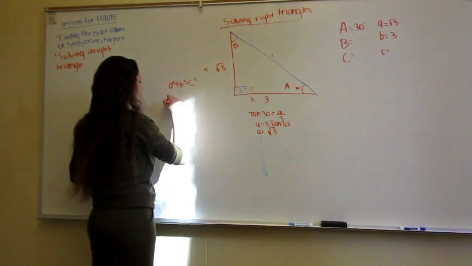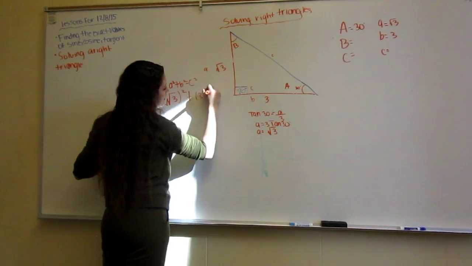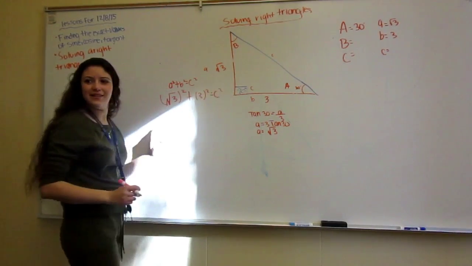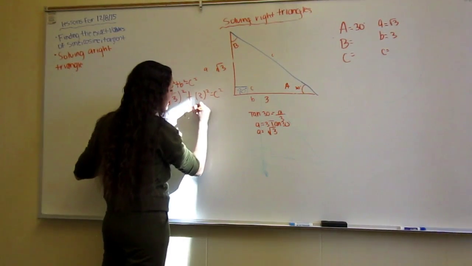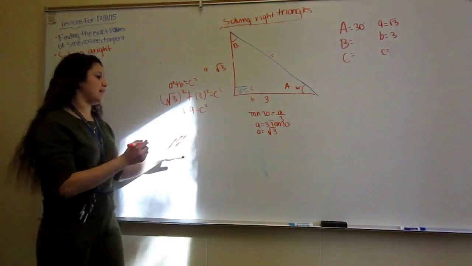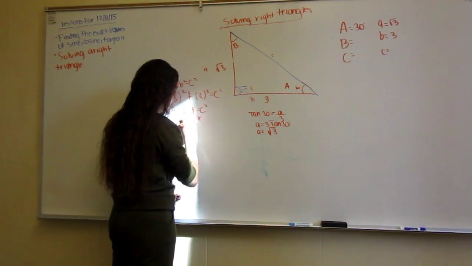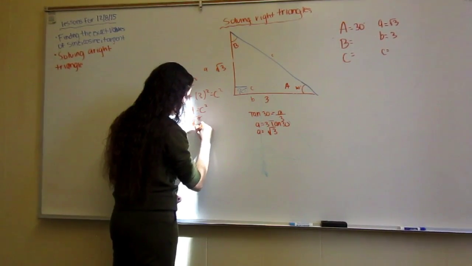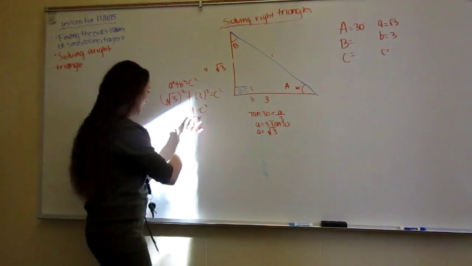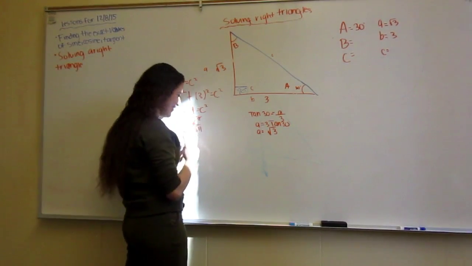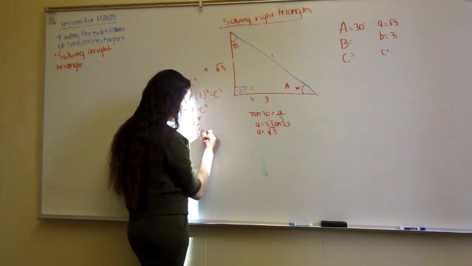So now it's 3 plus 9 equals c squared. 11 equals c squared. Cancel the squared. C equals radical 11. I think you added wrong. Sorry, class, mistake. It's 2 radical 3.